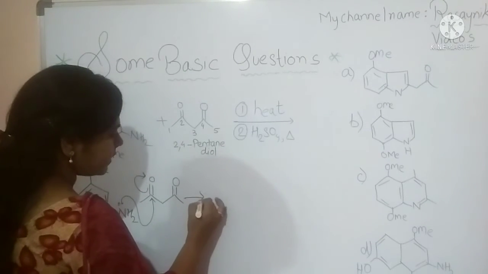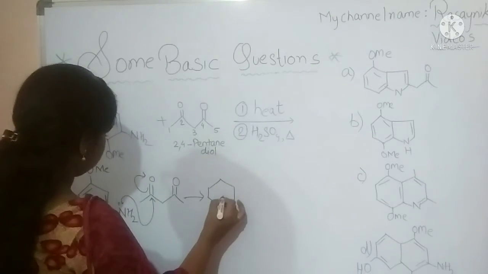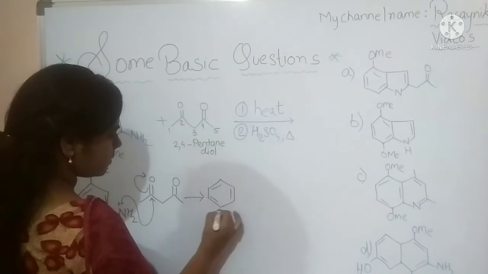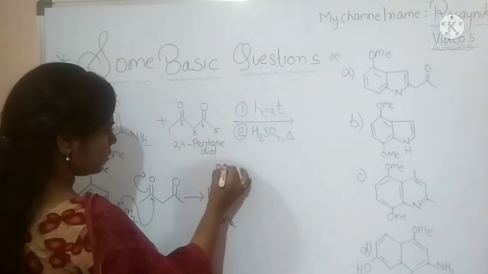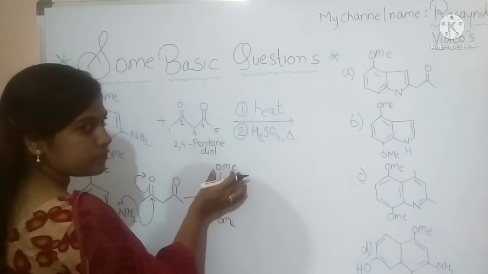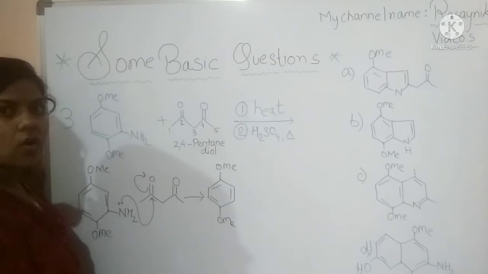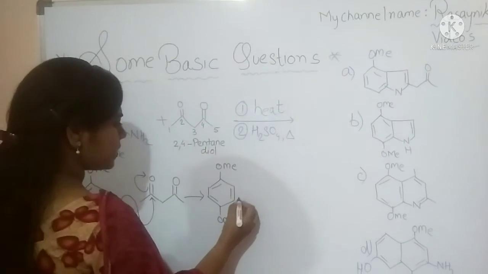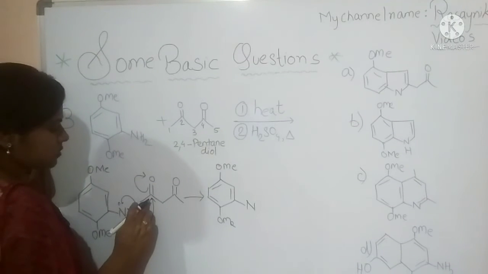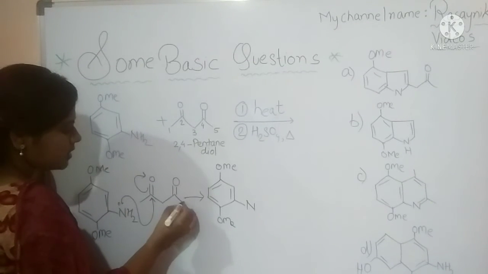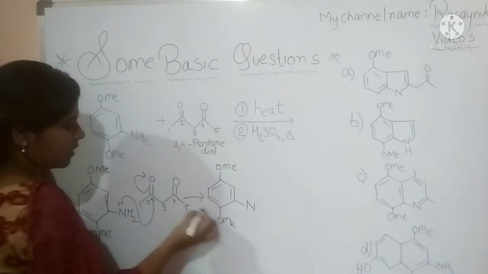So now next step is this OMe. OMe means what? Methoxy group. Okay. OMe is methoxy group, that is methyl plus oxygen is called as methoxy group. And here nitrogen gets attached on the carbonyl carbon. This carbon 1, 2, 3, 4 and 5.